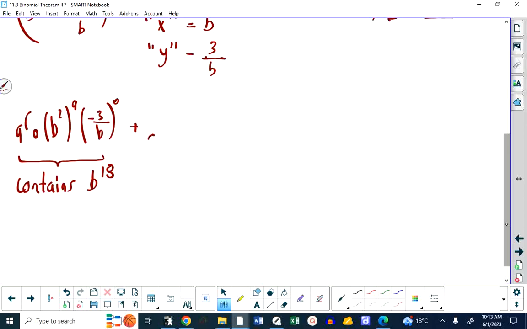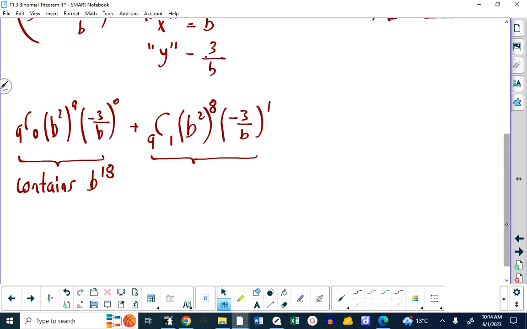The next term would be 9 choose 1. It would contain b squared to the 8. So I'm not even thinking of a key number here. I'm just using the pattern. And it will contain negative 3 over b to the 1. My question is, will this contain b cubed when it's simplified?